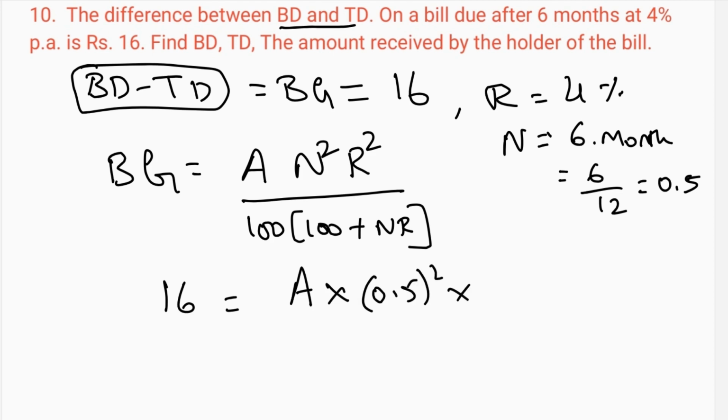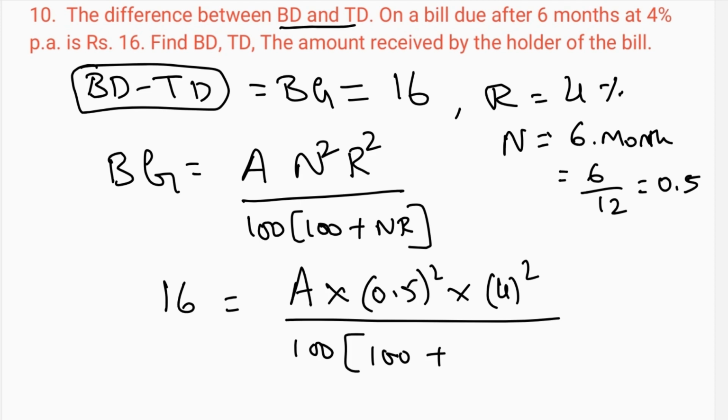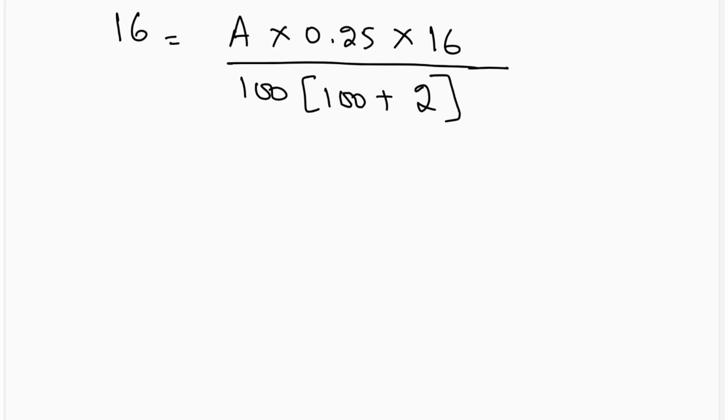0.5 square into R is 4 square divided by 100 into 100 plus 0.5 into 4. If you substitute that and simplify, you will get this much.